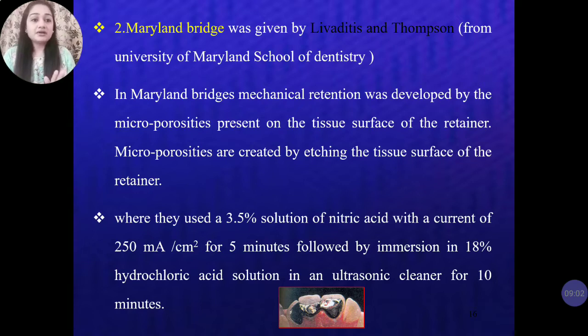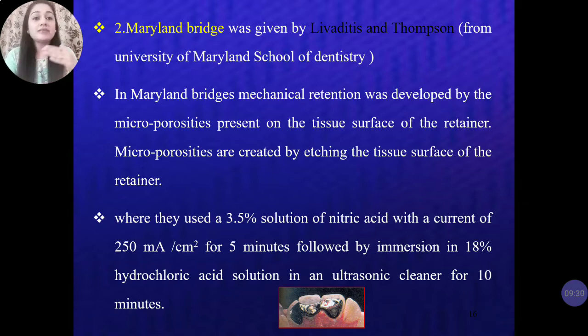But in Maryland bridge, the wings of this prosthesis are not perforated. They are completely covering the palatal aspect of your abutment teeth, but the tissue surface of those retainers has microporosities generated by etching.